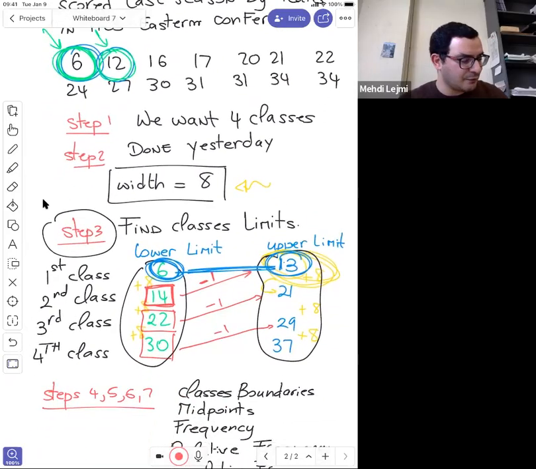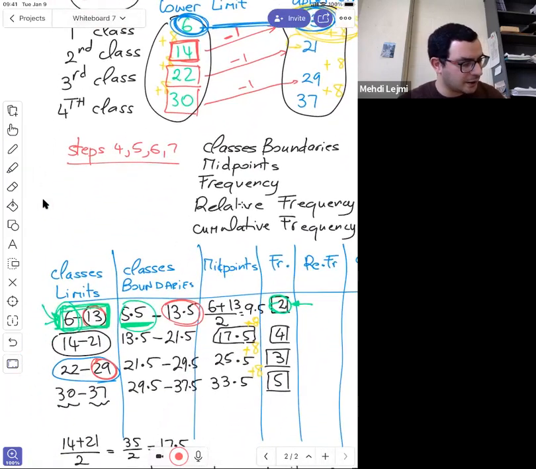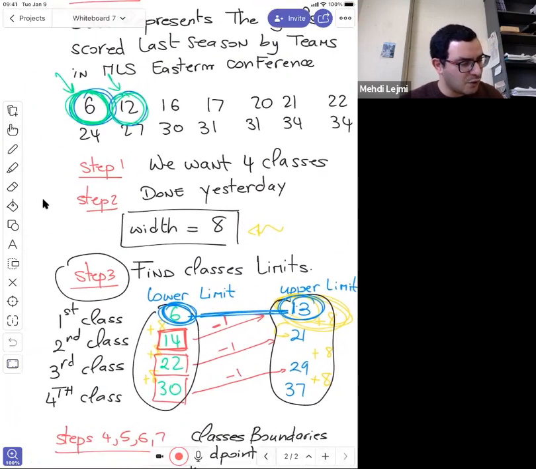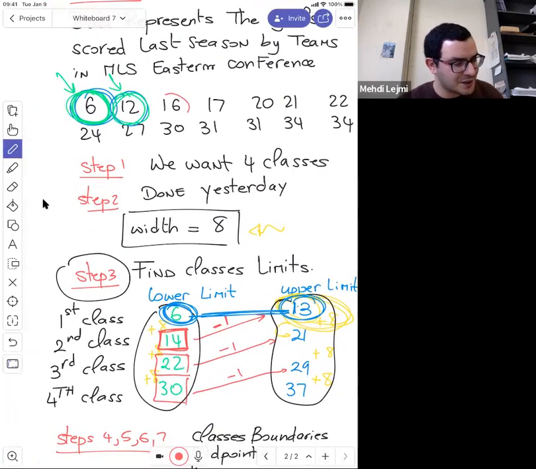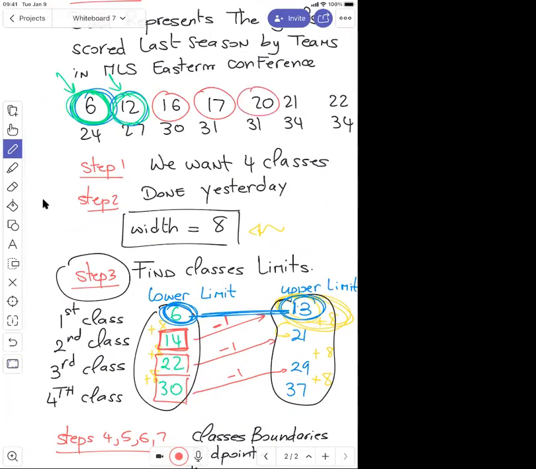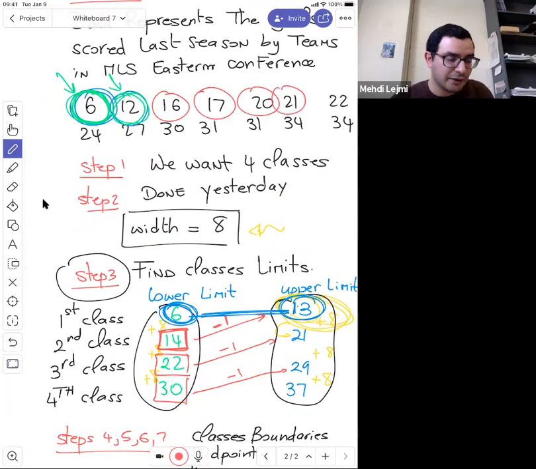Then you do the same thing for the next class, right? The next class is from 14 to 21. So you count the numbers from 14 to 21. We have 16, it's between 14 and 21. 17, it's between 14 and 21. 20, yes, between 14 and 21, and then 21, it's included.